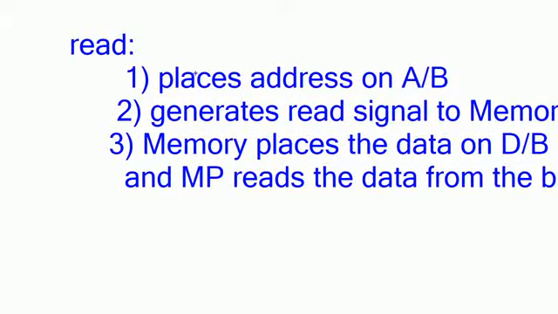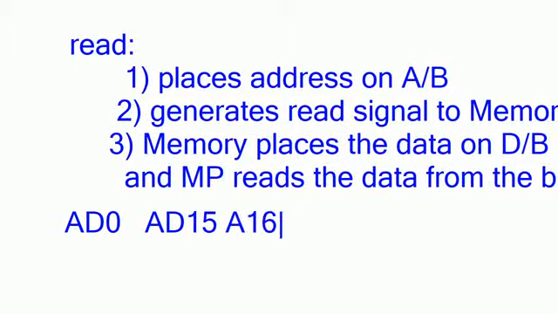First it is placing the address, meaning the memory location from which the microprocessor would like to read the information. That address is placed on the address bus. Whatever address lines we have, those are the multiplex lines: AD0 to AD15, and A16/S3 to A19/S6.